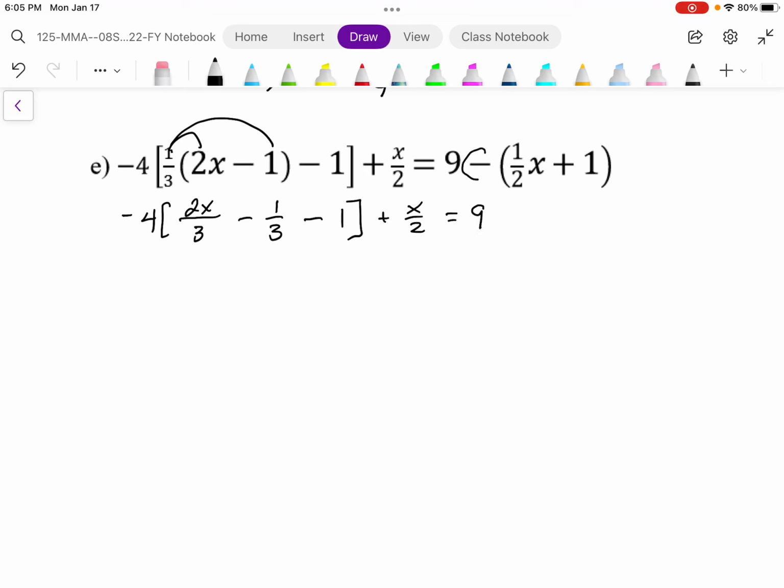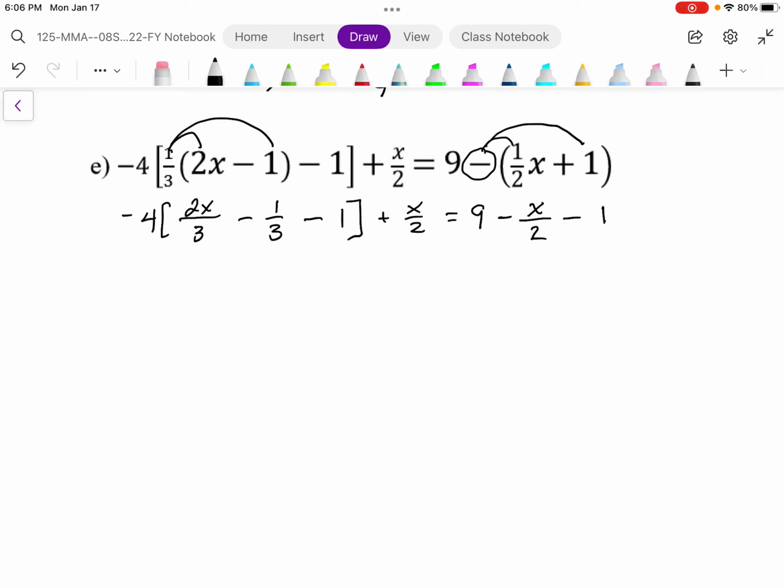When I distribute this, I have to be careful of that negative. I have to make sure I distribute that negative to both terms. So I end up with minus, instead of 1/2 x, I'm just going to put the times x on top. Here I get negative of minus positive 1, which gives me minus 1.